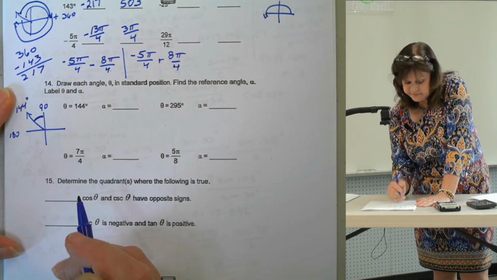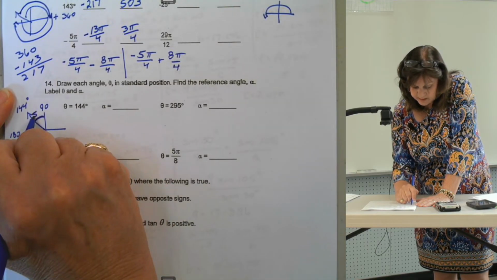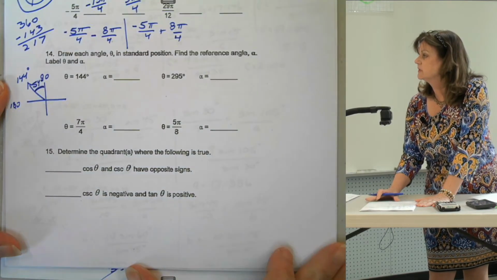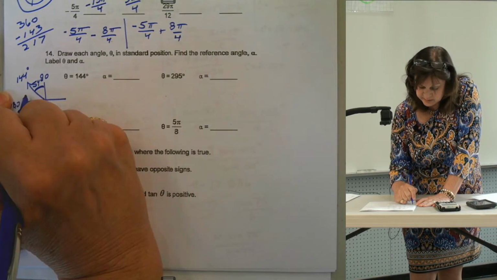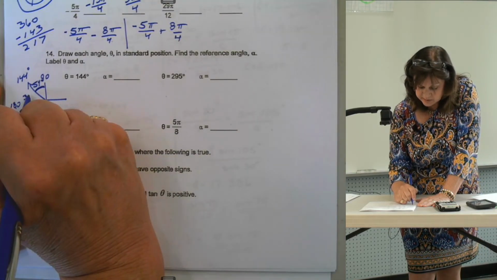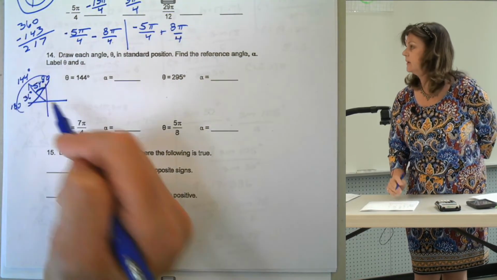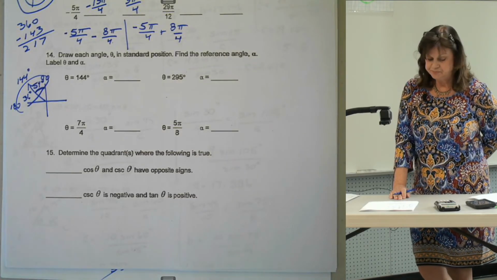Well, you're 54 degrees away here. And how far away are we from 180? And of course, we are 36 degrees. And these two numbers should add up to 90 because there's 90 degrees between that.